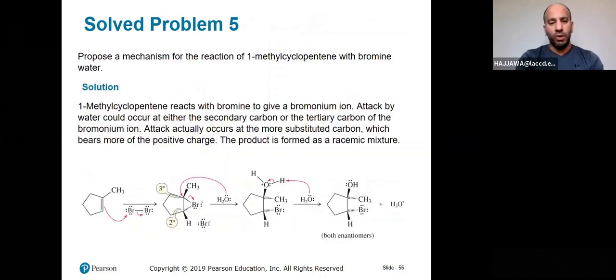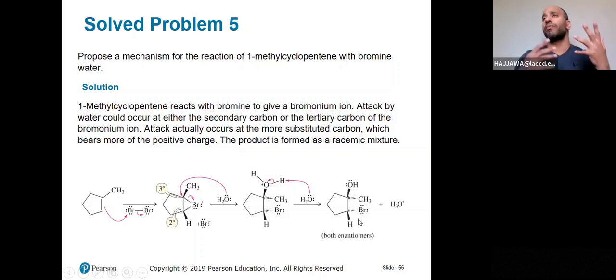Here are some more examples. If I have 1-methylcyclopentene, Br will end up on the less substituted carbon, as you see here, and the OH will end up on the more substituted carbon, as you see there, and they are anti. So you're going to end up making OH up, Br down, or the other way around as well. So both enantiomers, there are no certain percentages.